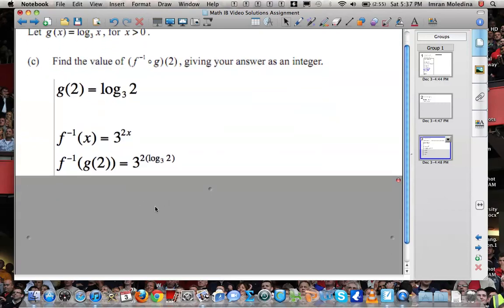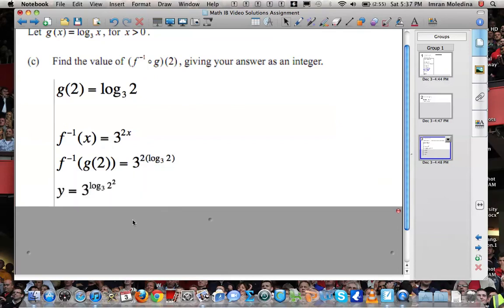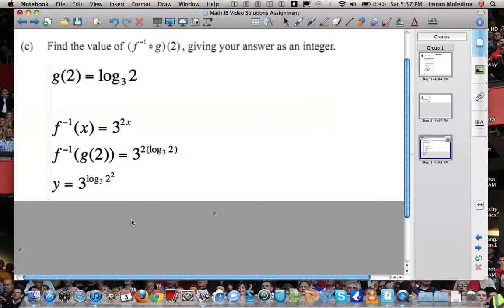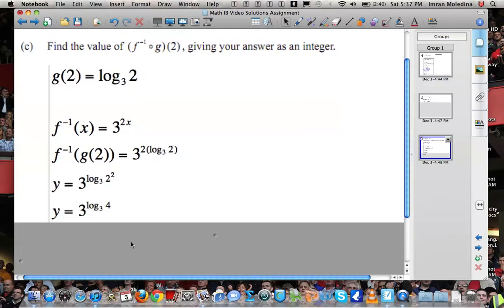So now we can use another log rule to take the 2 from here and make it the exponent. So we get y equals 3 to the power of log base 3 of 2 squared, which when simplified is simply y equals 3 to the power of log base 3 4, because 2 squared equals 4.